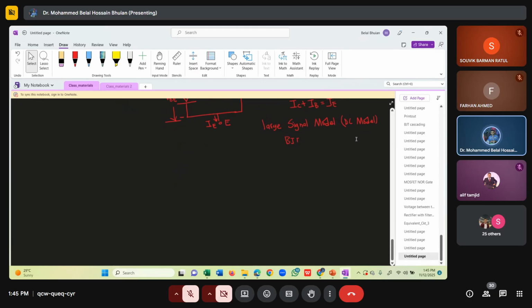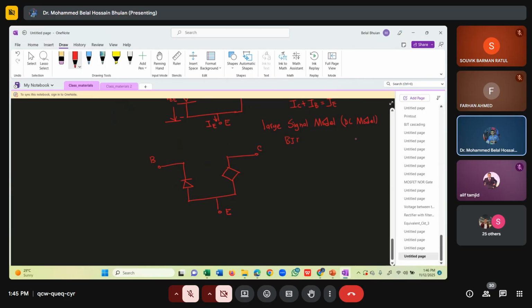If it is, let's say, a PNP BJT, the base-emitter junction has to be forward biased, so I have to draw this. Base, collector, emitter.